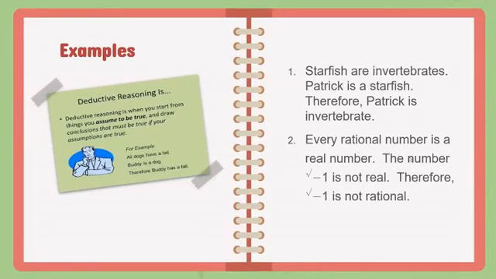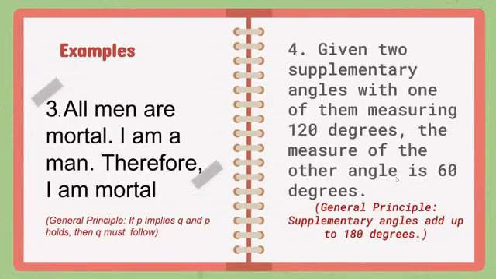And then we have other specific conclusions that are true. Like all men are mortal, that's your assumption. I am a man, therefore I am mortal. So the basis here is the general principle: if P implies Q and P holds, then Q must follow. But we're not going to be very technical in our discussion nito.